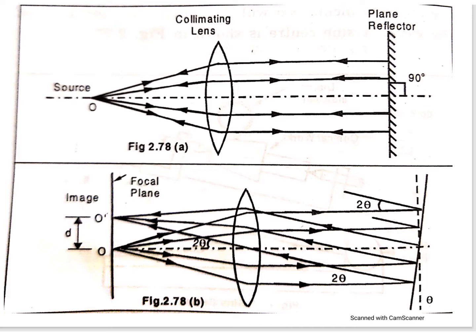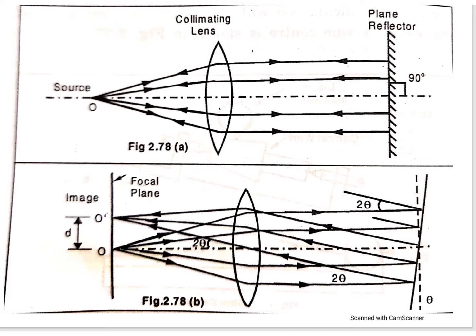If the workpiece or plane reflector is kept at 90 degrees, the light rays follow the same path and reach the source. It follows the same path on which it was reflected on the reflector and goes back to the source.